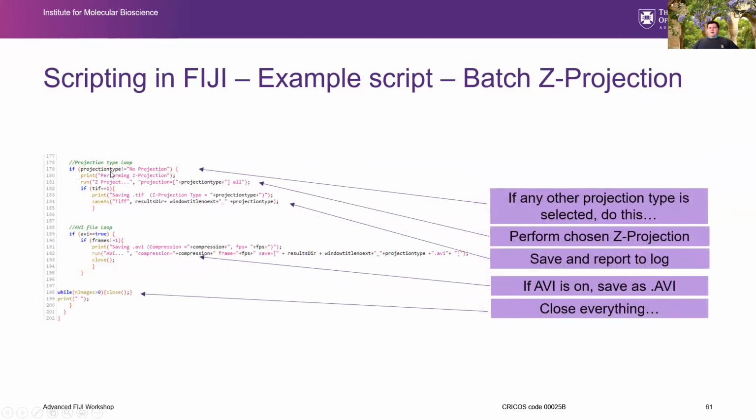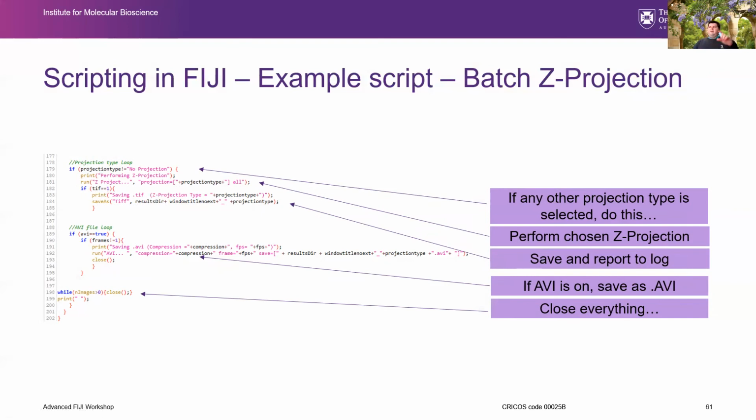So if the projection type doesn't equal no projection, then the user's input some projection type. So it prints that it's going to perform this projection type. And it runs that command, which you may remember from before, was run zproject projection type equals the variable, because that variable is populated from earlier on in the script where they said, I want to perform max projection or sum projection.